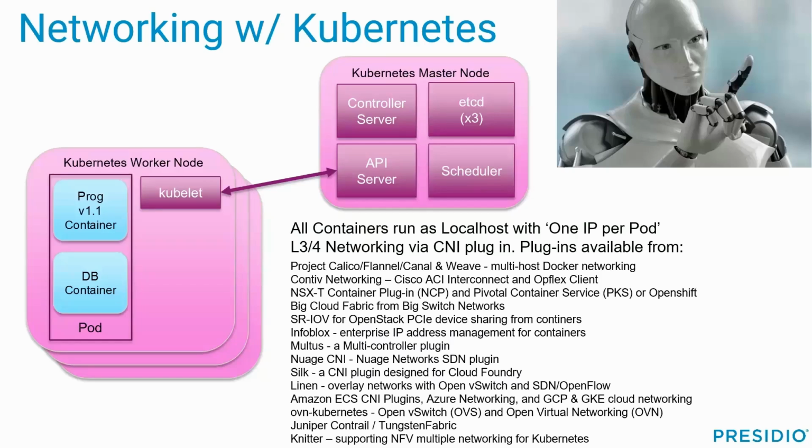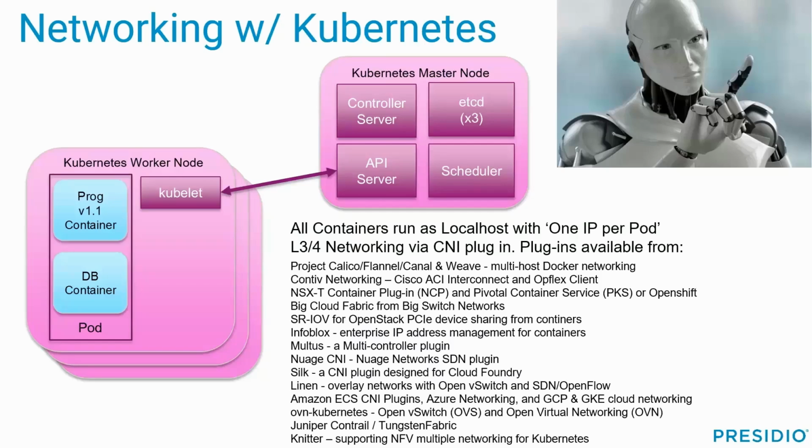This just shows you as well that they've created this CNI interface, right, container networking interface, and there are all these people who have written CNI plugins. So you've got Amazon, Azure, Google Cloud, Juniper has, but Cisco has written an ACI plugin, right, as well as an OpFlex client plugin and Contiv networking. Those are all from Cisco.